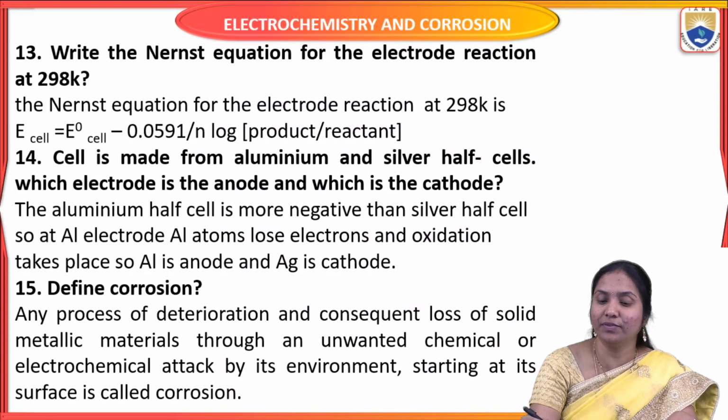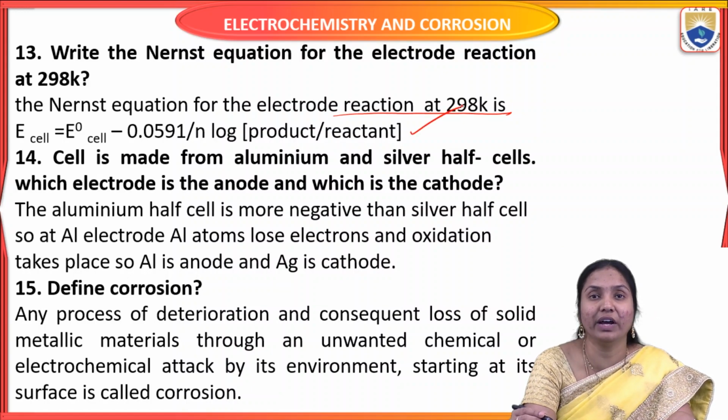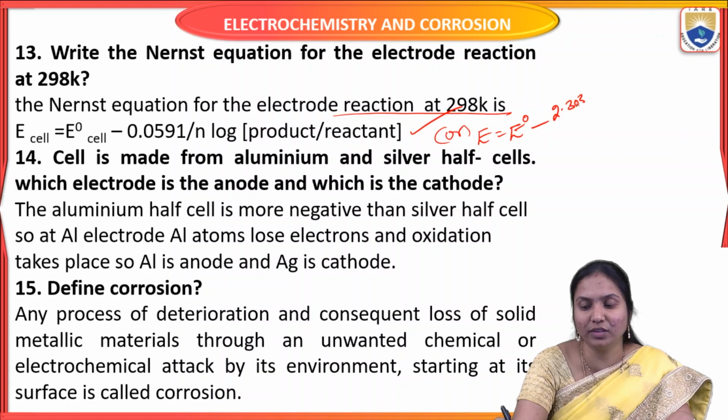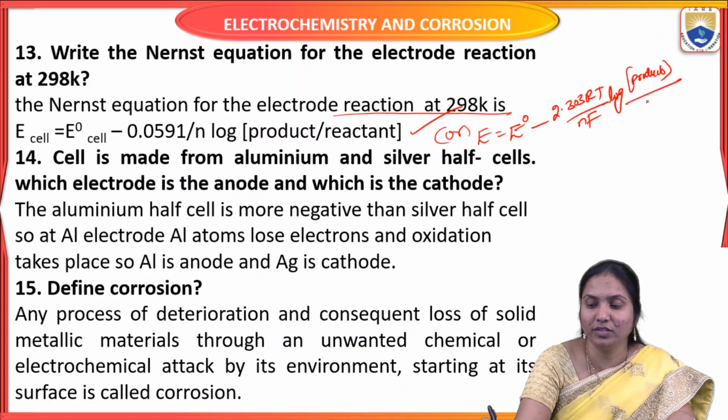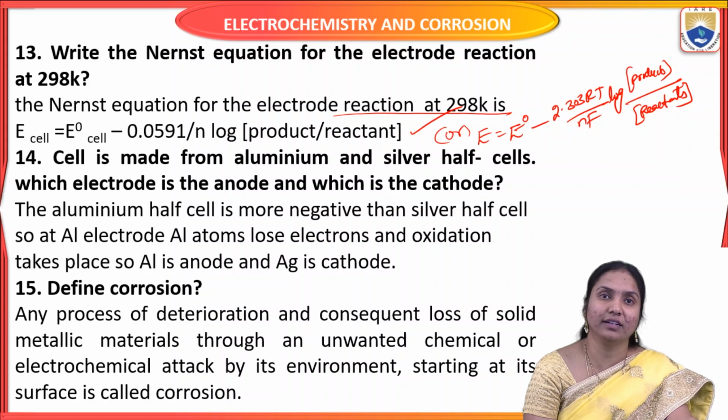The Nernst equation for the electrode reaction at 298 Kelvin is E = E naught minus 0.0591 by n log products by reactants. Otherwise you can write E = E naught minus 2.303 RT by nF log concentration of products by concentration of reactants.